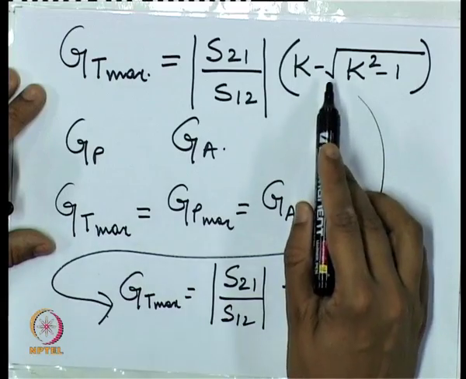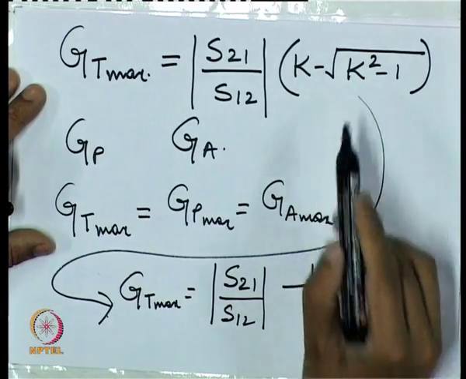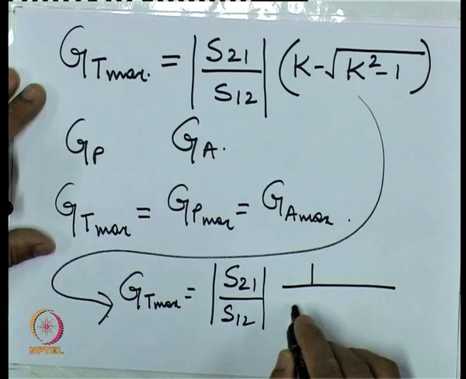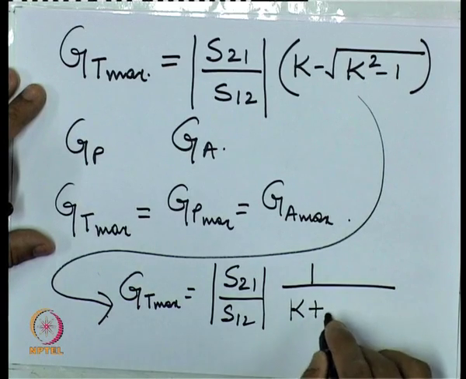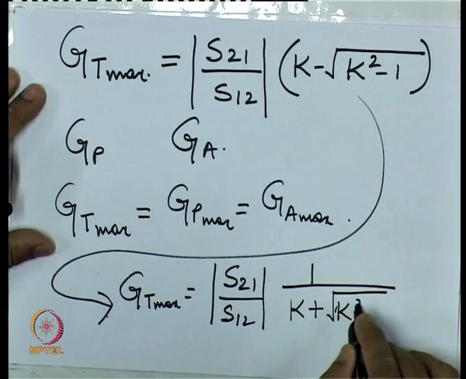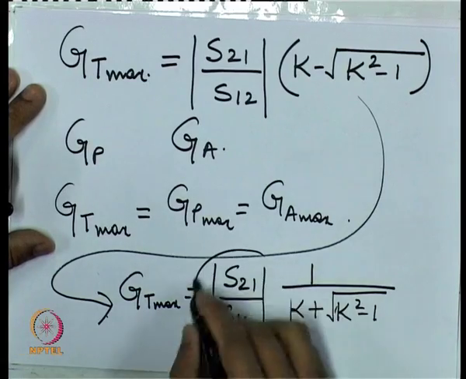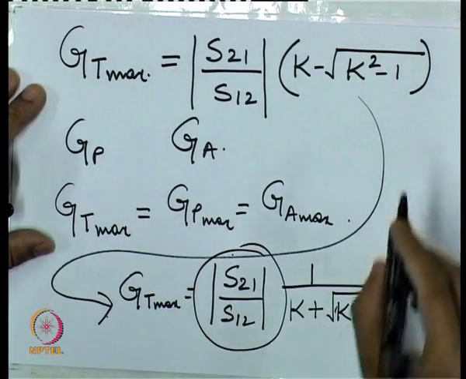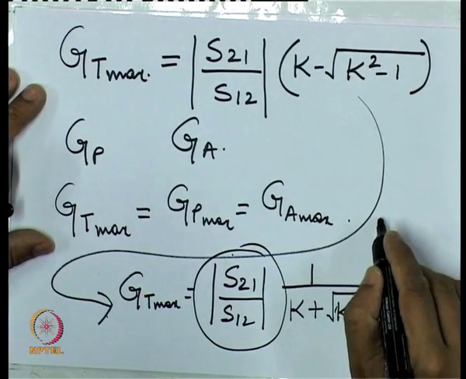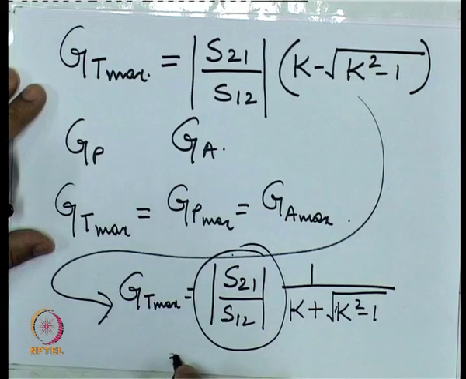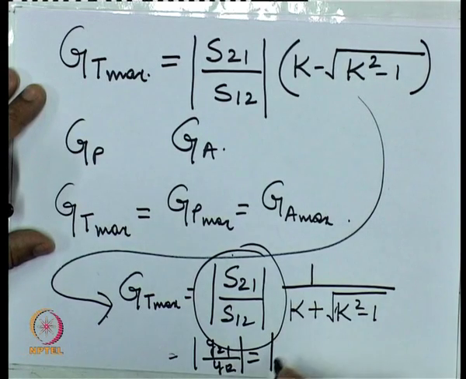Just dividing the numerator and denominator by k plus square root of k square minus 1, what we will get is this. Now this S21 upon S12 is also equal to Y21 upon Y12. You can verify that from the conversion formulas between S and Y parameters.